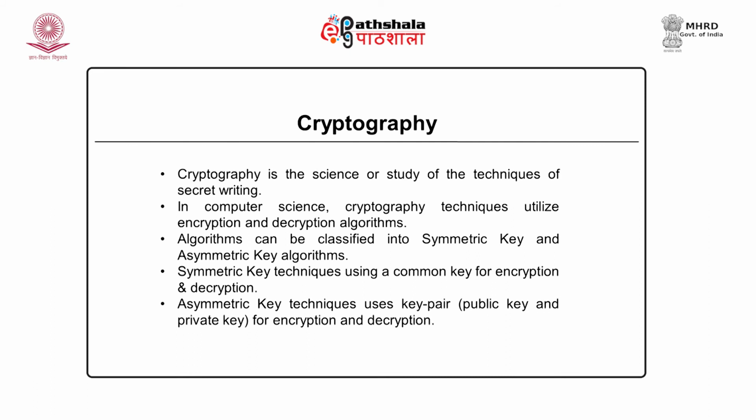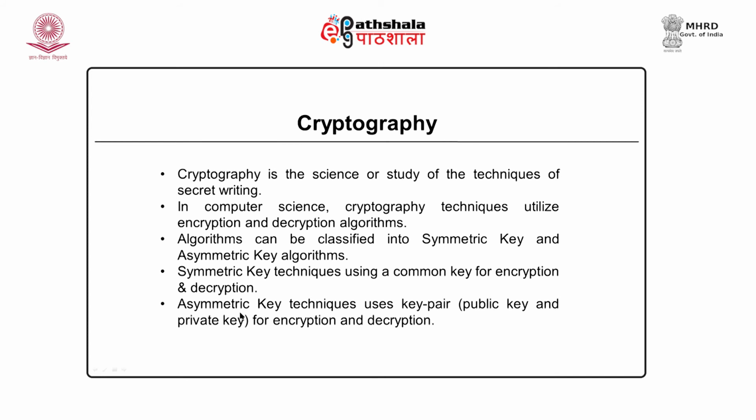And there is another set of algorithms which we identify as asymmetric key. They use a key pair. So, there are two keys: there can be a public key and there will be a private key. We usually encrypt the data using the public key and the decryption will be done by the private key. Here the algorithms will differ, and there are algorithms like RSA and elliptic curve that fall under the category of asymmetric key cryptography.